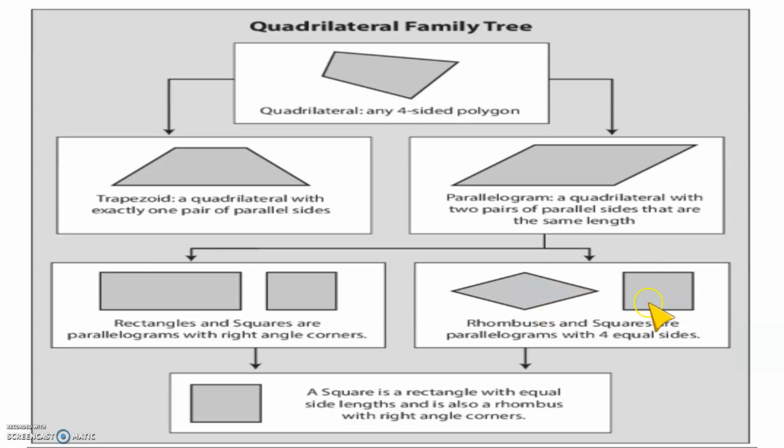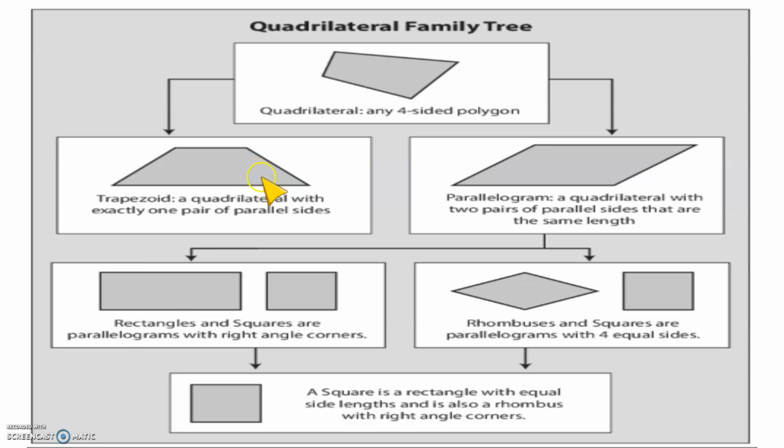For a rhombus and a square, all four sides are equal. That means all four sides are the same size. A square is a rectangle with equal side lengths and is also a rhombus with right angle corners.